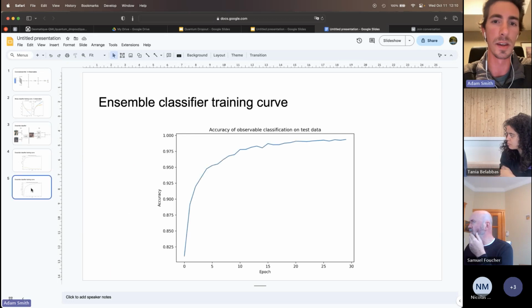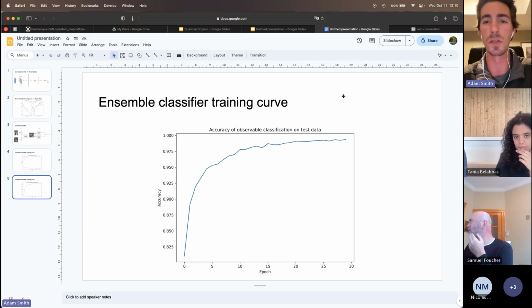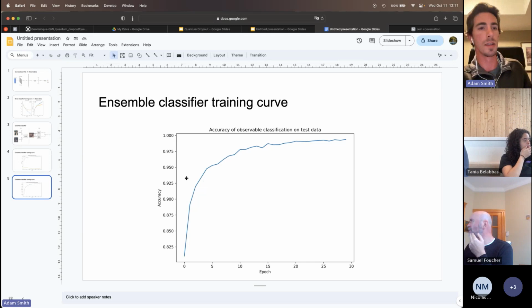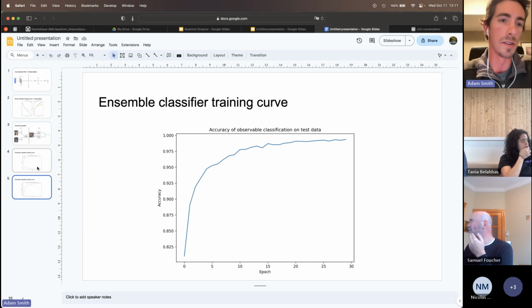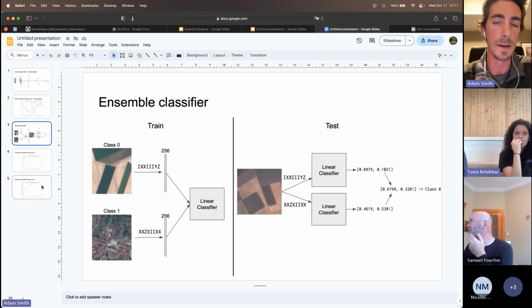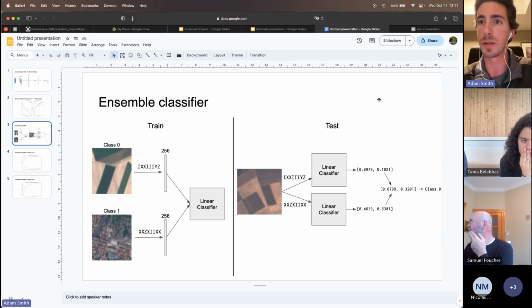And if you plot the accuracy of observable classification, as if the observable was what we were trying to predict, it does that very well for the test data. So yeah, this doesn't look too promising, really. And that's as far as I got.